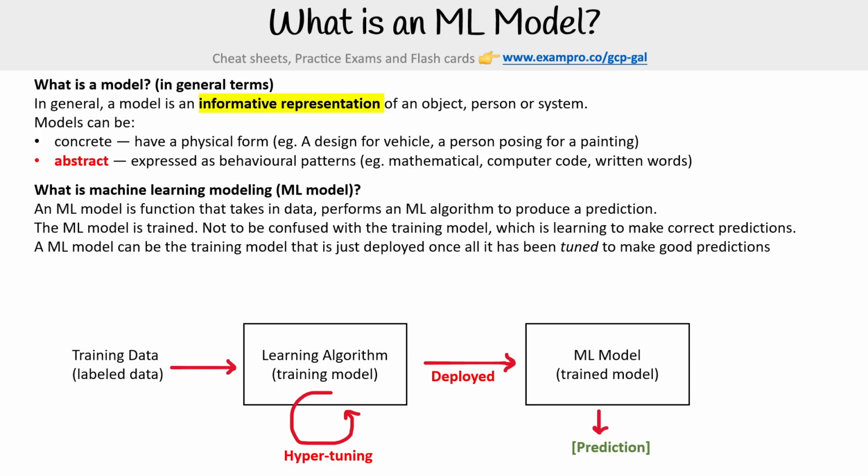And from here, you could then provide it unlabeled data because its goal is to make predictions, and that could be labeling data or doing other things, okay? And we call the interaction with the deployed machine learning model inference, right? So when you are inferring something, you are providing data and saying, hey, can you make a prediction for me? And that's what inference is, okay?